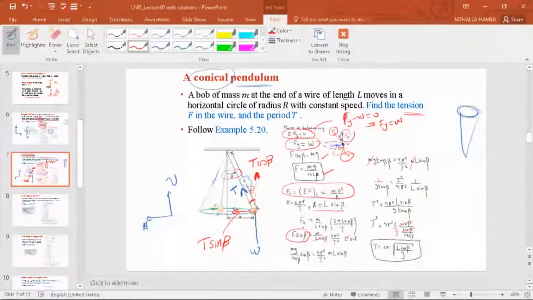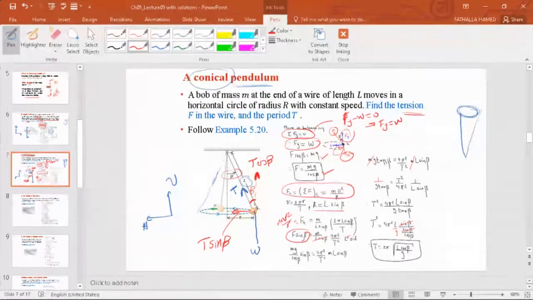So now I know that this should equal mv squared over r. So the m I have, the v squared will be 2 pi, and the r will be L sine beta over T squared. And of course, I have to divide by r, which is L sine beta.